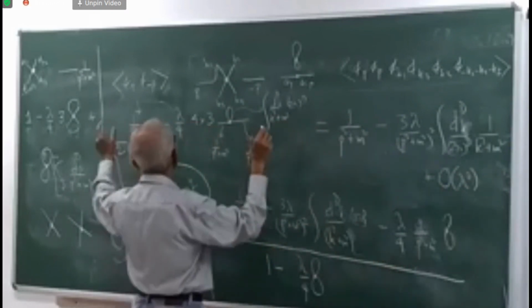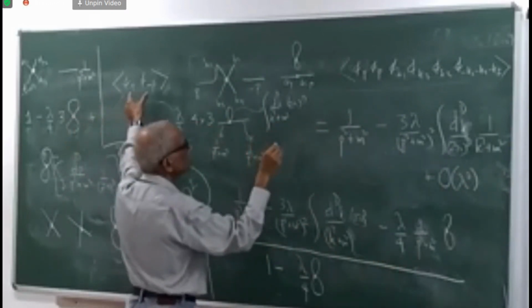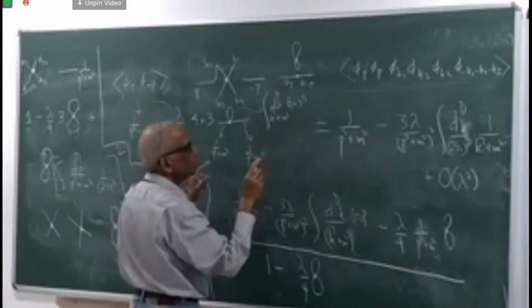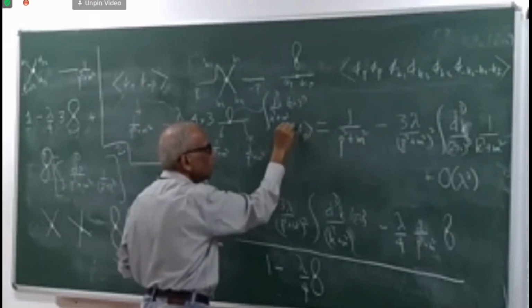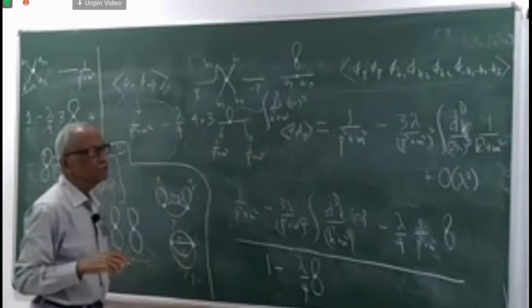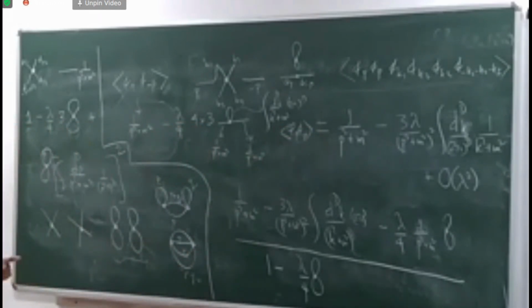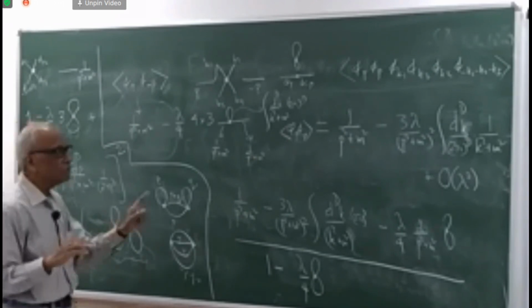So the correlator, which is what? So phi p phi minus p, up to order lambda, is going to be done. Okay? And that is the complete answer.